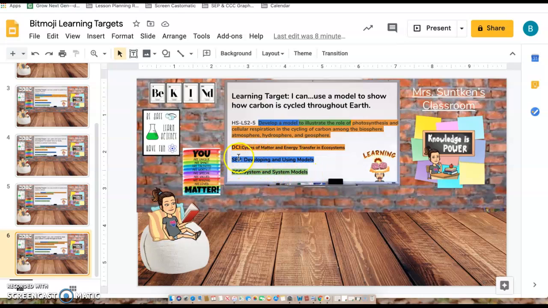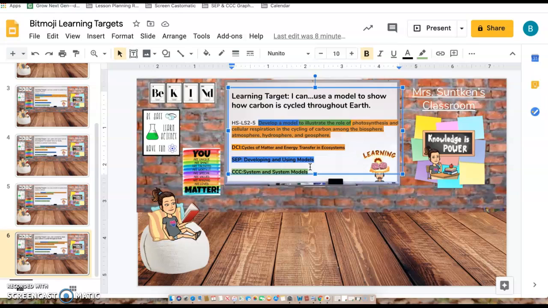Our disciplinary core idea is cycles of matter and energy transfer in ecosystems. Developing and using models again is our science and engineering practice, and for our cross-cutting concept, systems and system models. The first part, develop a model, means we're going to make a model. And then to illustrate the role of, we're going to be showing the systems of both photosynthesis and cellular respiration and how those work for humans, animals, and plants.